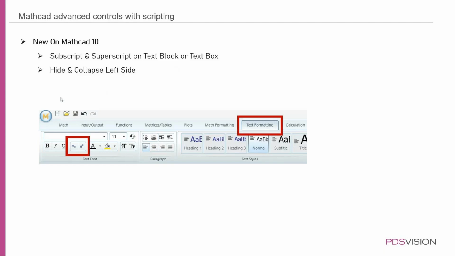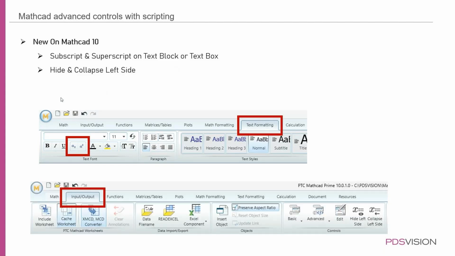Also, we'll talk about the hidden or collapsed left side, which we find on the menu under the Input and Output tab, in the control area.